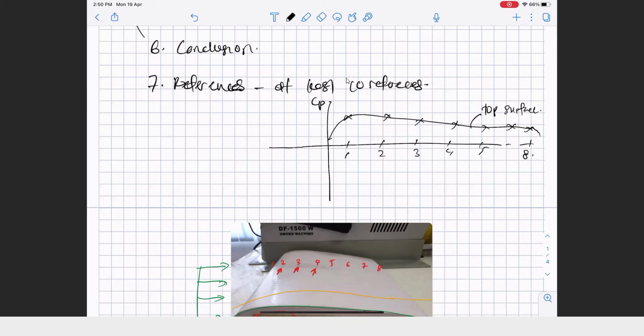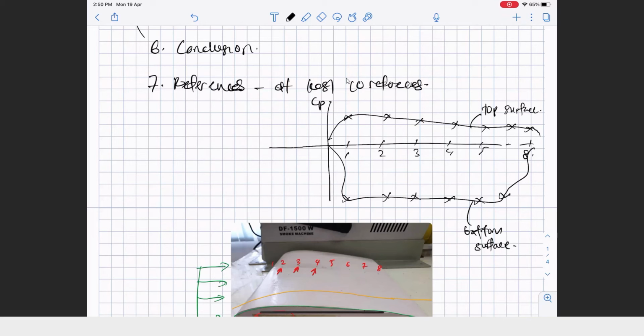You will also have another line, maybe it looks something like this, I'm just guessing here. This is the bottom surface. So this is the graph that I expect to see from all of you.